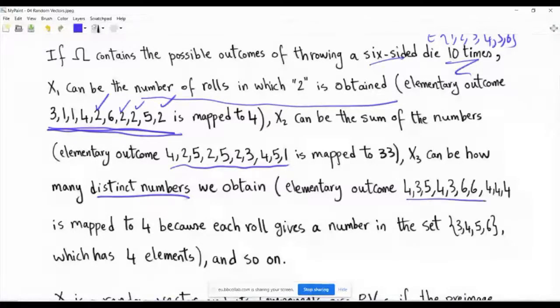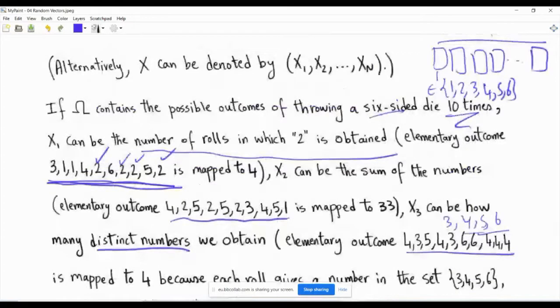So here, if this is the resulting sequence when you roll the dice 10 times, you may be interested in what numbers appear. Here, you never get a 1, you never get a 2, but you get 3, you get 4, you get 5, you get 6. So maybe you are interested in the number of distinct numbers that appear. So in this case, it will be 4.